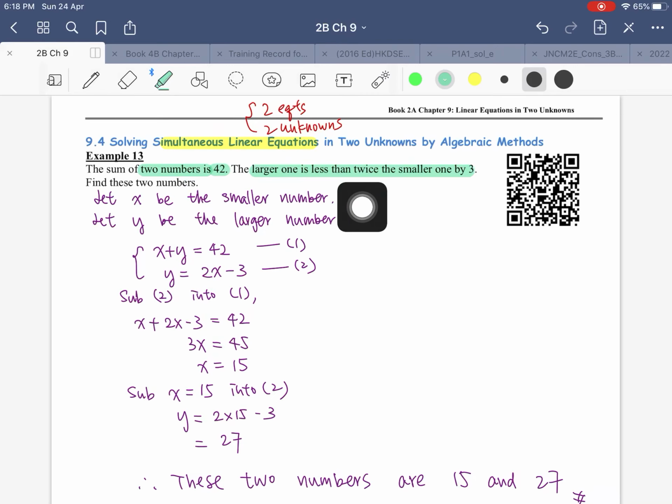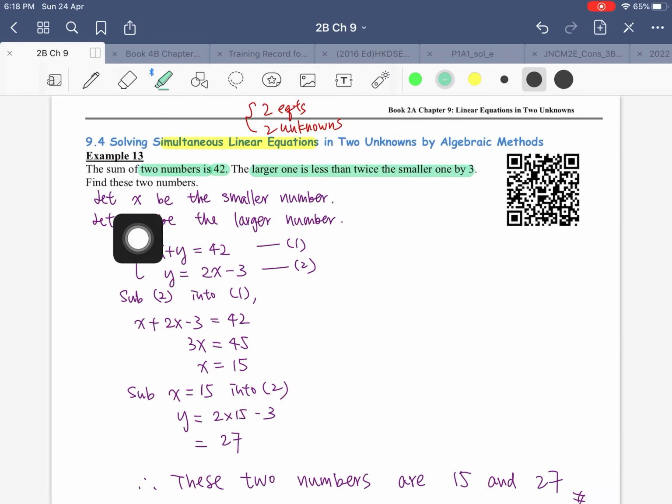Look at the second sentence. The larger number is less than twice the smaller one by 3. The meaning is that 大嗰個係細過細嗰個嘅2倍，細幾多？細3。So y is the larger number, so y equals less than twice the smaller number by 3.